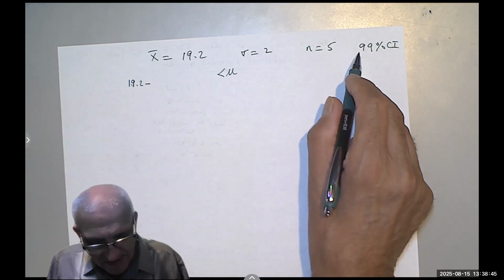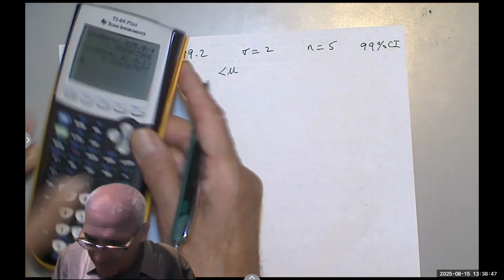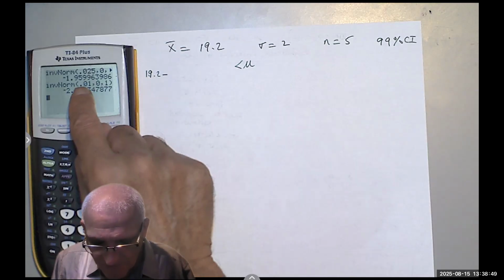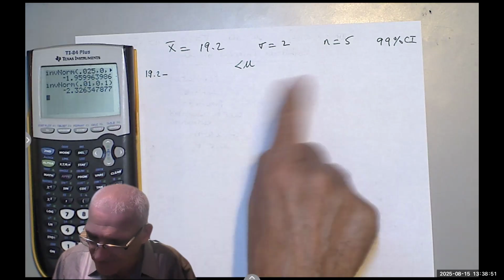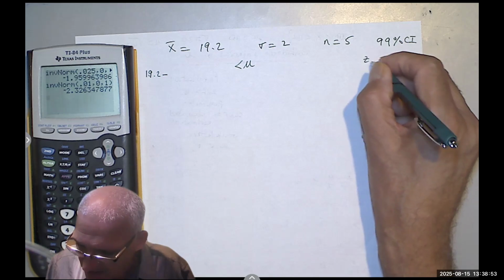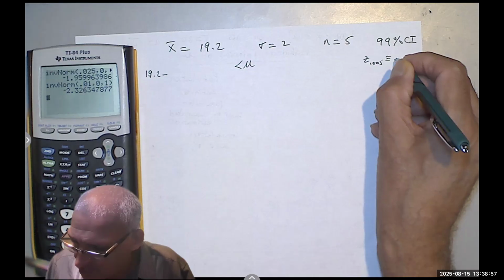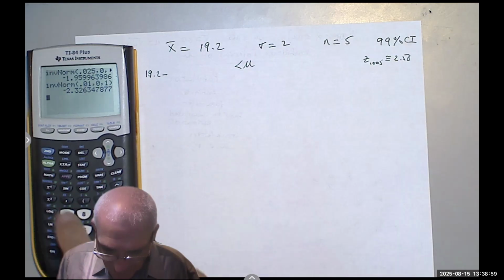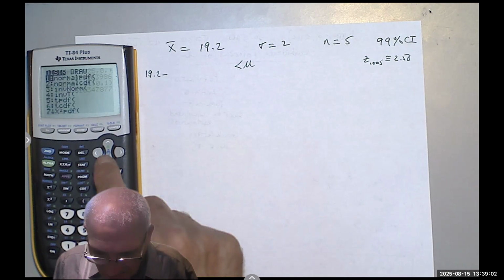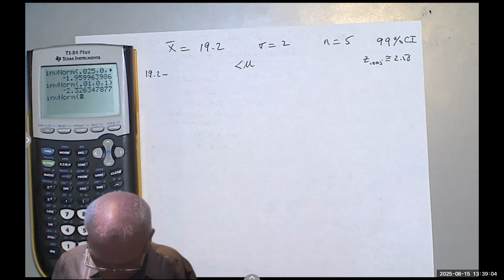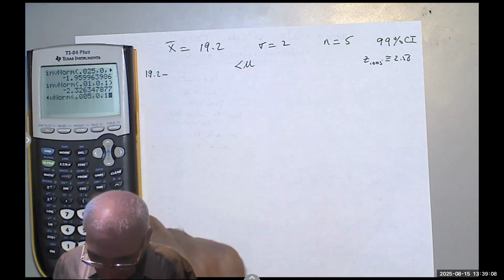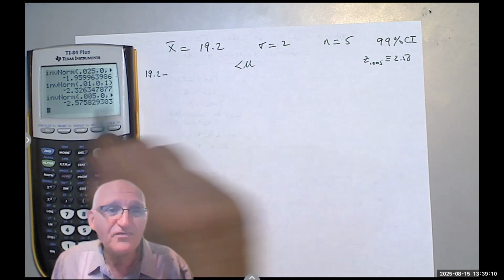We knew that if it's 99, I want this to be 0.005, and z 0.005 is roughly 2.58, if I remember correctly. Yeah, negative 2.575.